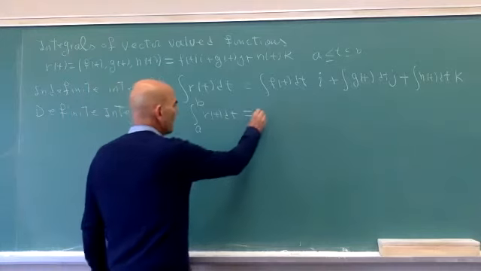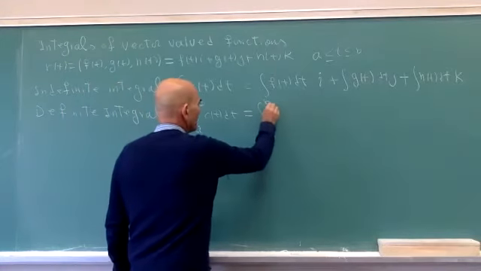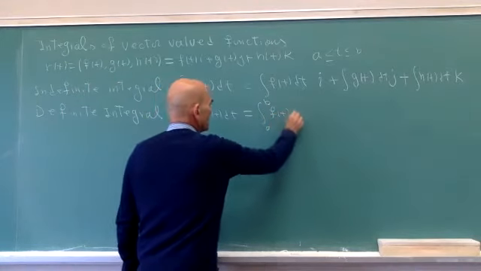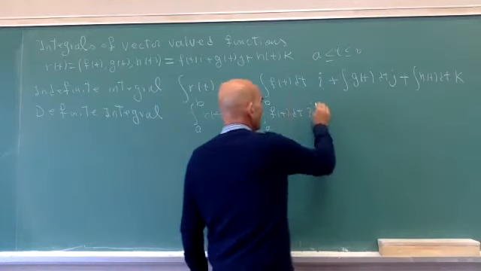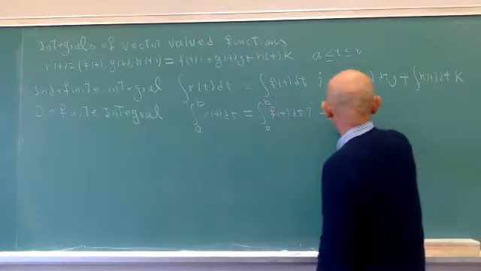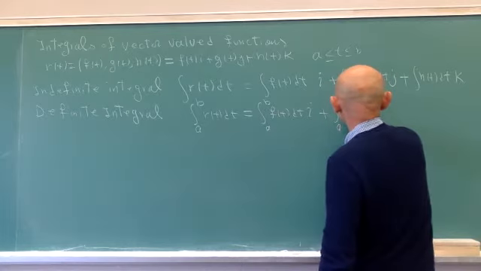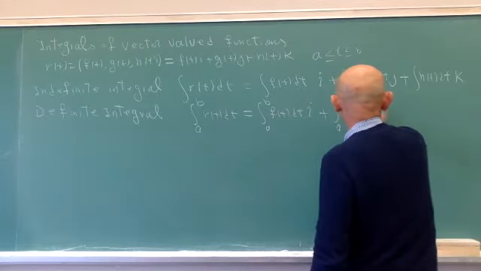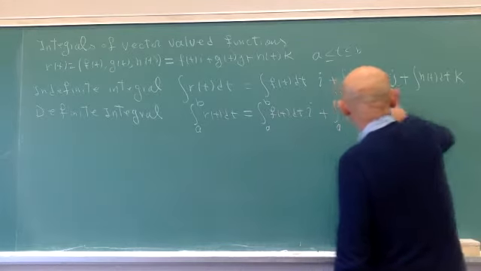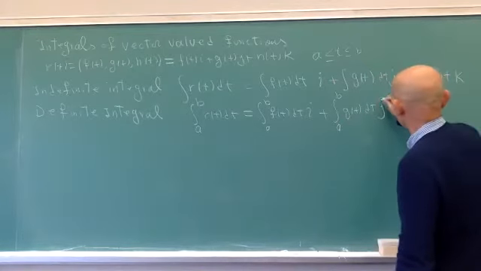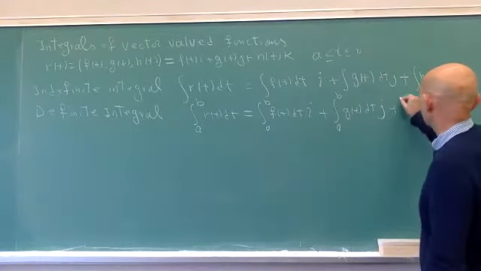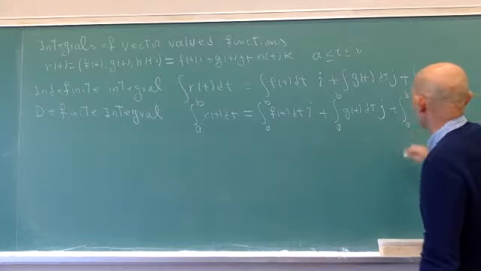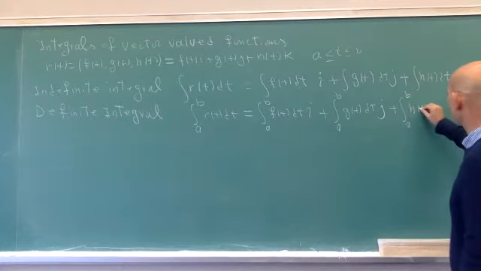So this is the integral from a to b of f of t dt i, plus the integral from a to b of g of t dt j, but these are really separate, plus the integral from a to b of h of t dt k.